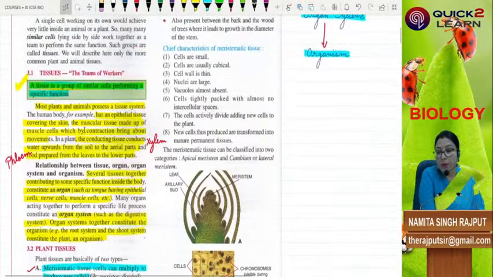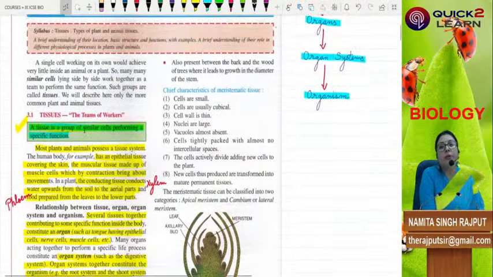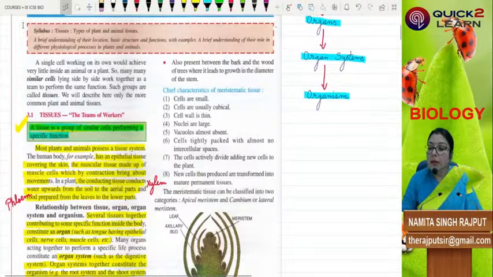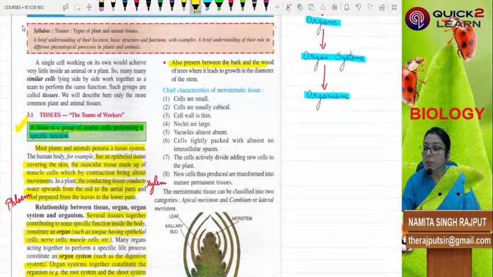So they are present at the tips of all the growing organs of a plant. They are also present between the bark and the wood of trees, where it leads to growth in diameter of the stem. They are present at the tips of the stem and the branches as well.